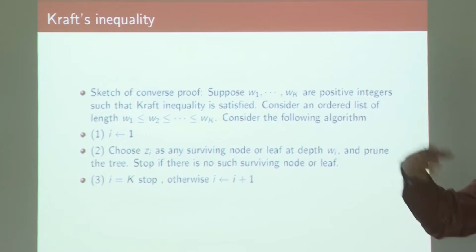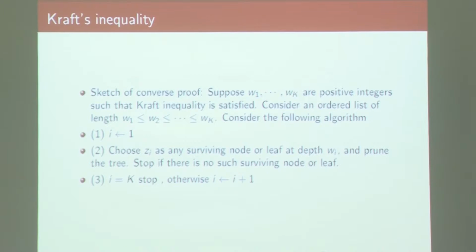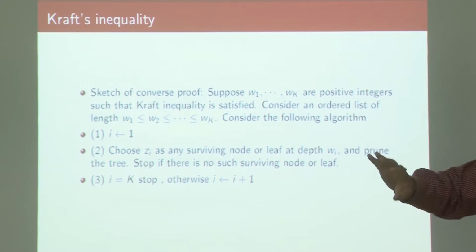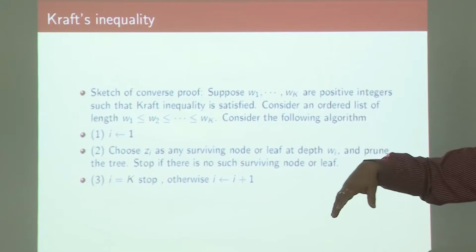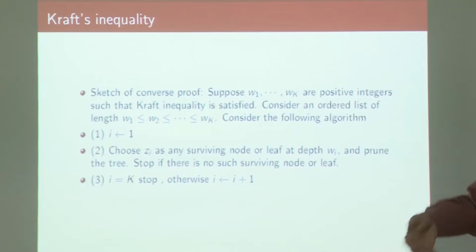And I repeat this for all W2, W3, up to Wk. If I am able to prune my tree every time, that means I am able to map all of them into this tree. So is the algorithm clear?